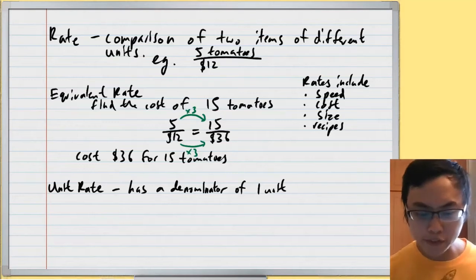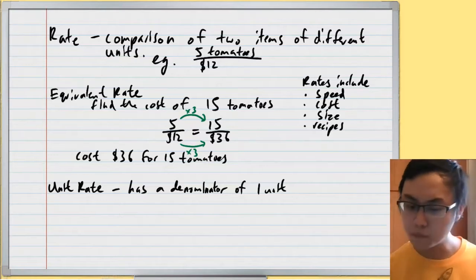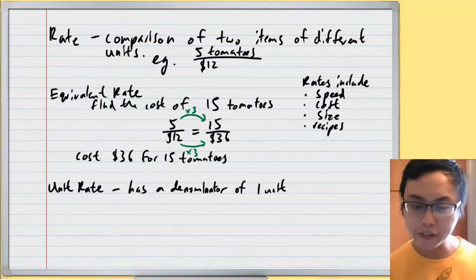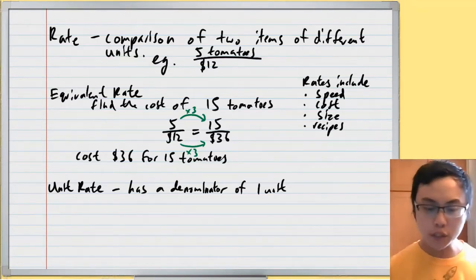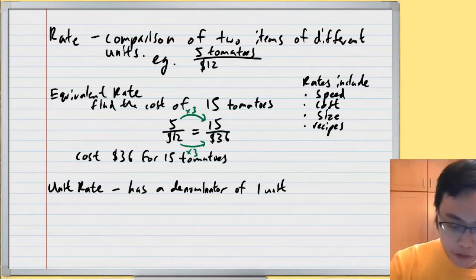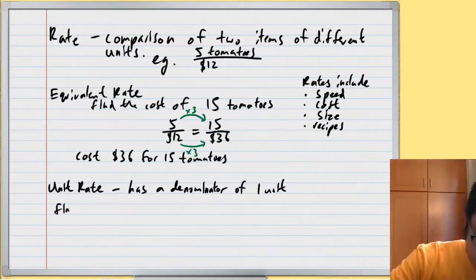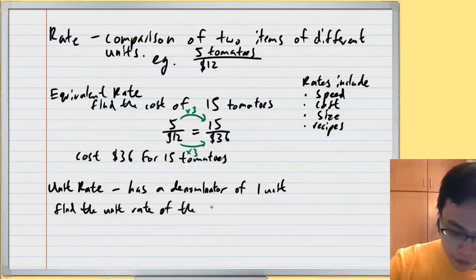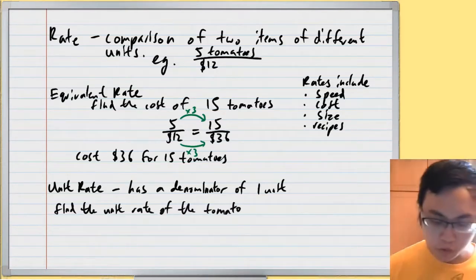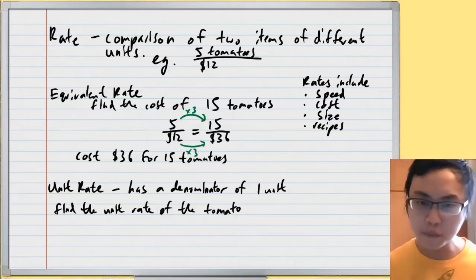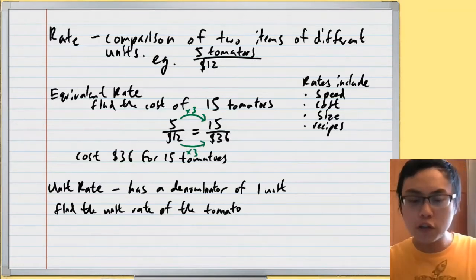So if we're looking at $12 for 5 tomatoes, and we're looking at how much 1 tomato is going to cost, that's the rate for 1 tomato. There are 5 tomatoes, and it costs $12 for those 5.